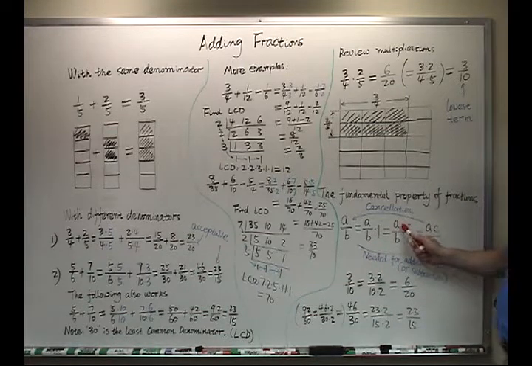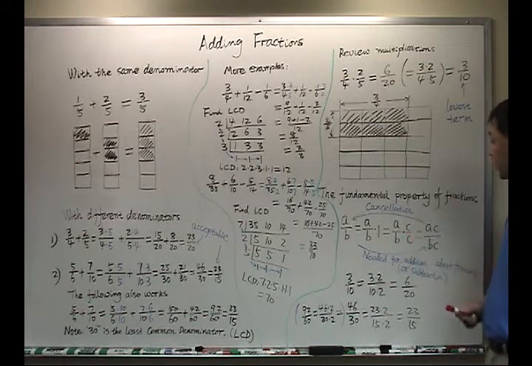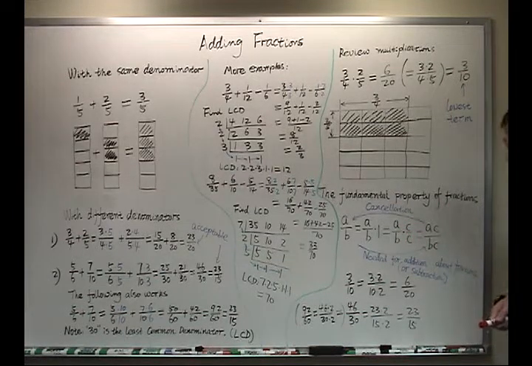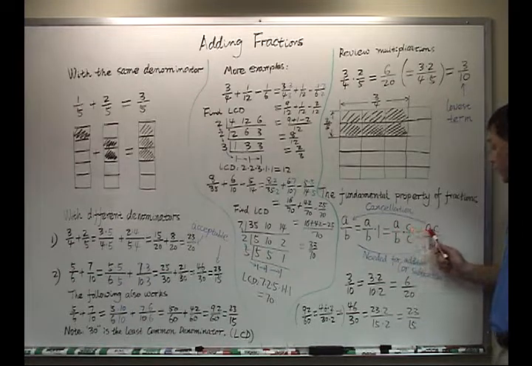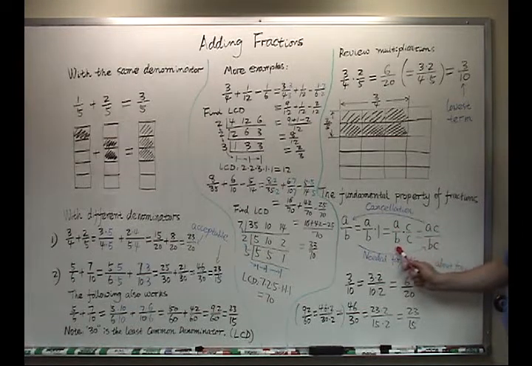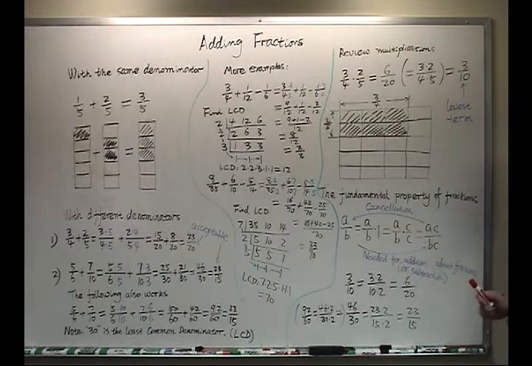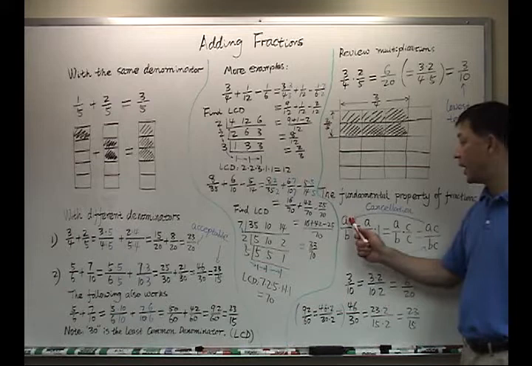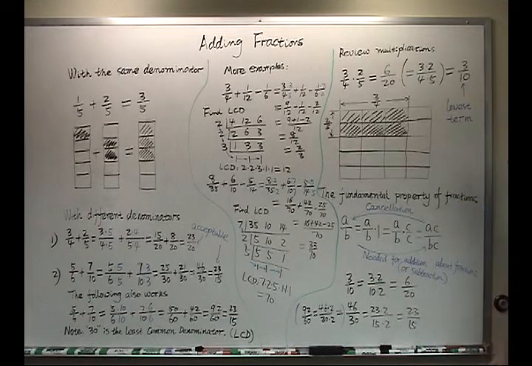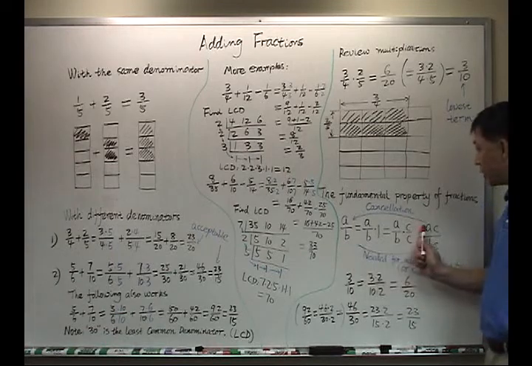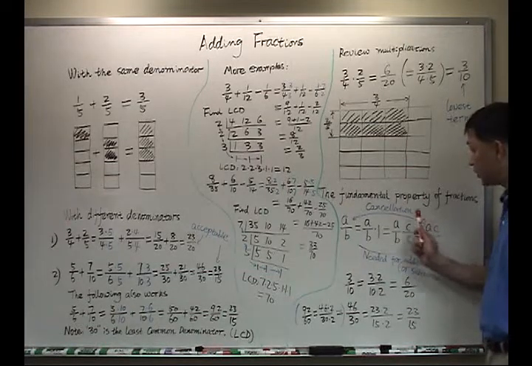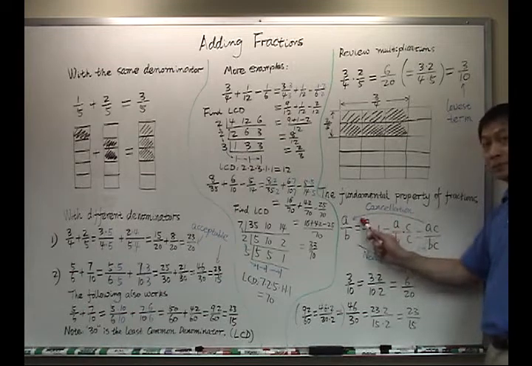So A over B times C over C, by the definition of multiplication, should be AC over BC. So AC over BC equals A over B. That means if you see C here, you can basically drop this C and go back. From here to here is called cancellation.